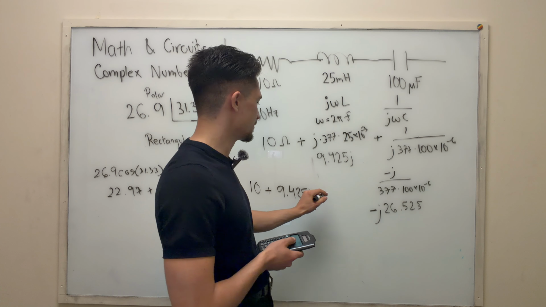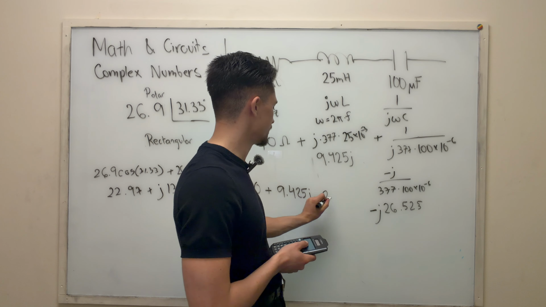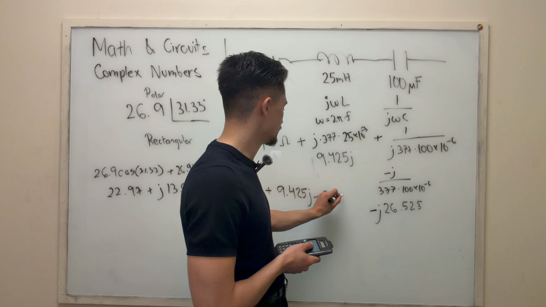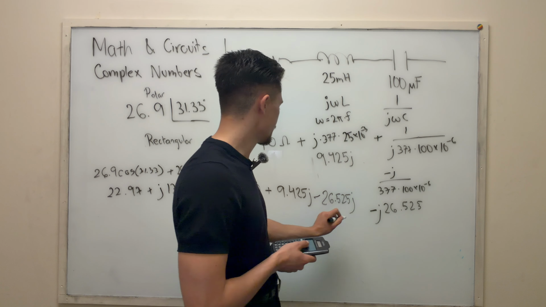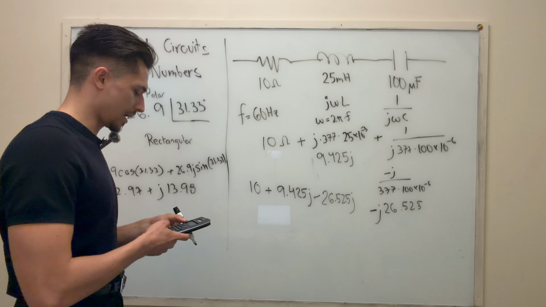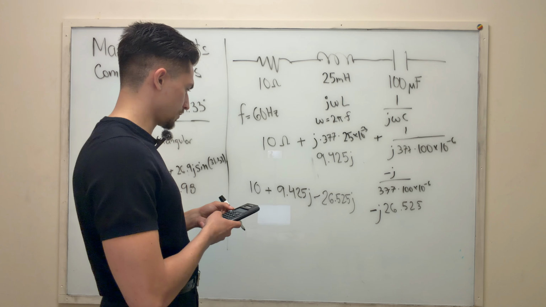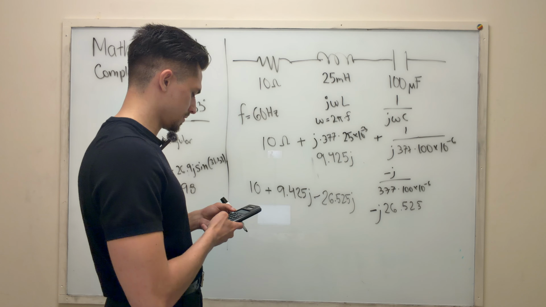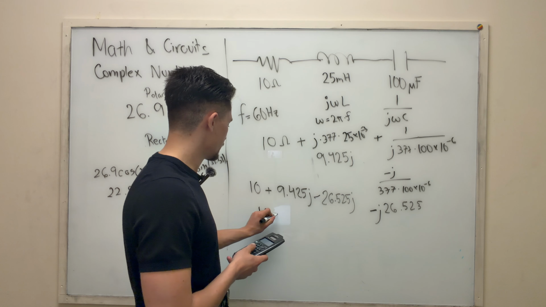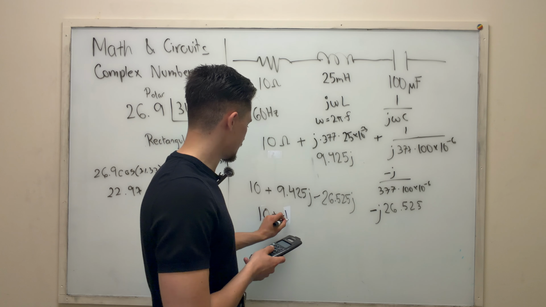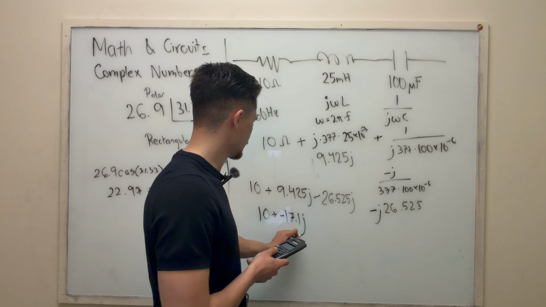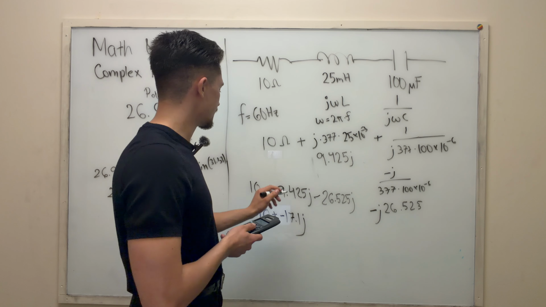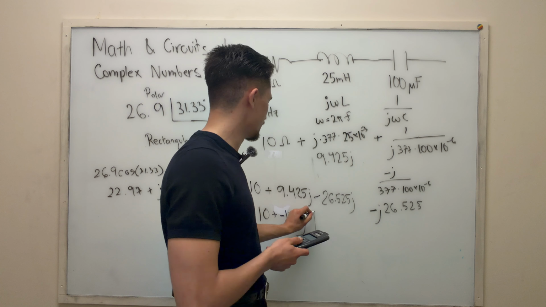It doesn't matter where you place the J. So these two we can subtract, negative 26.525 plus 9.425, which gives us 10 plus negative 17.1J. And so that's the solution we get here.